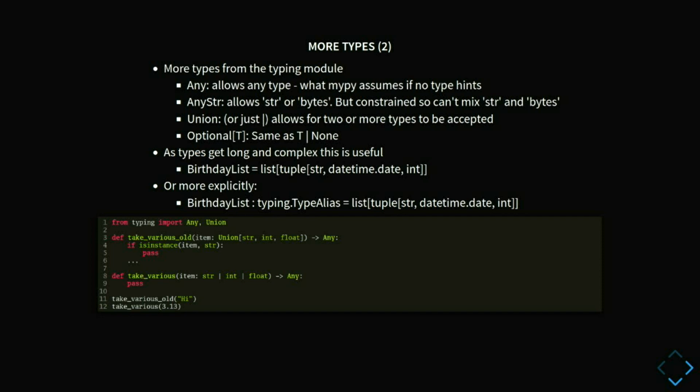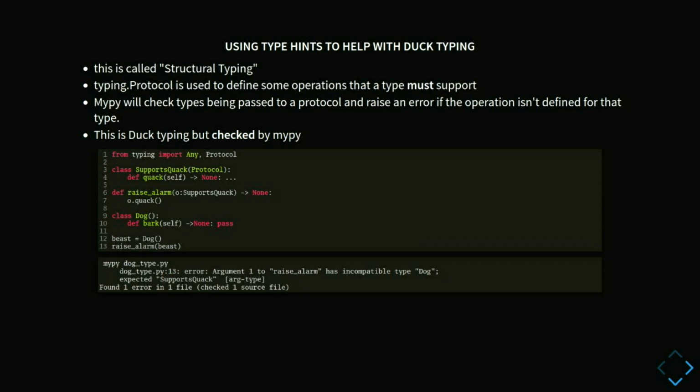Okay, I'm running a bit long. One other thing I just want to say, because it's so interesting, is I want to describe something called a Protocol. And what this is, is duck typing. It's actually called structural typing in this case, but it allows us to say that this function takes not a particular type, but an object that has quack.